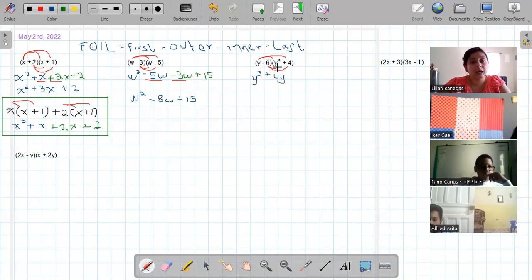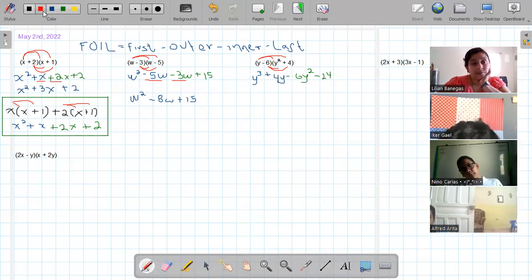Negative 6 times y squared, negative 6y squared. And negative 6 times positive 4, negative 24.